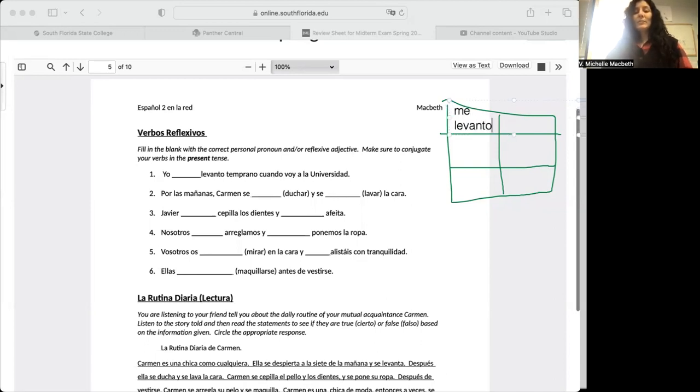Me levanto. Te levantas. Nos levantamos. Os levantáis.